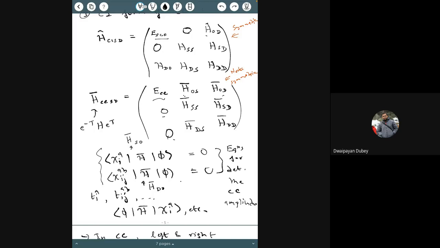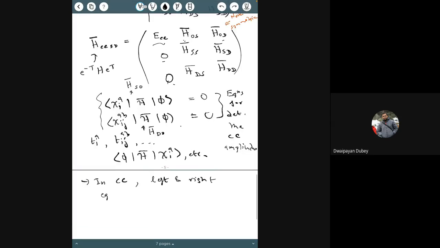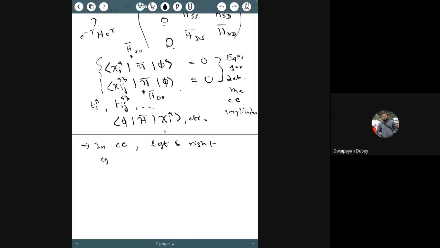So why I wanted to show the structure was to compare with the CI matrix. So basically, there are two important points here. Okay, so one is the one I was writing. Let's write that first. In coupled cluster, left and right eigenvectors are different.